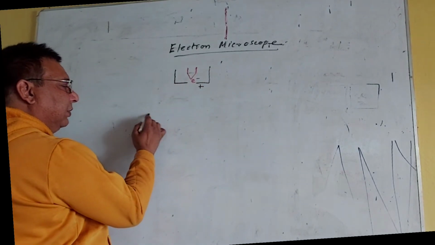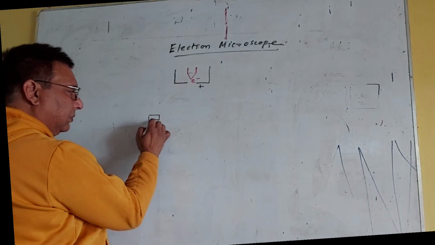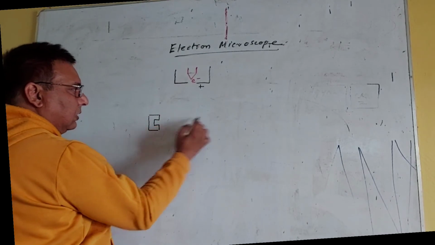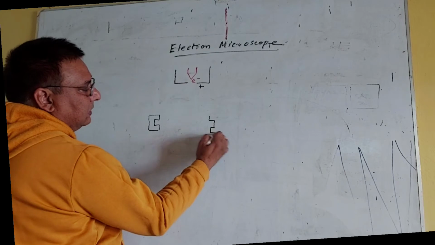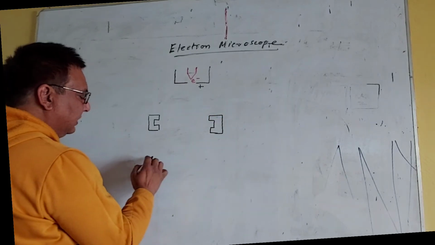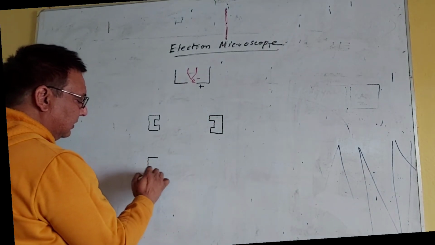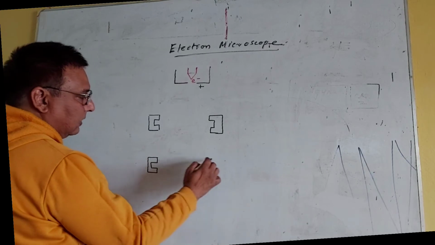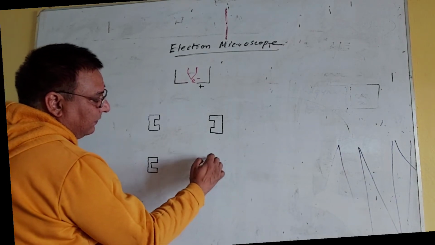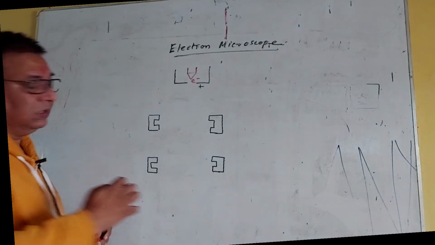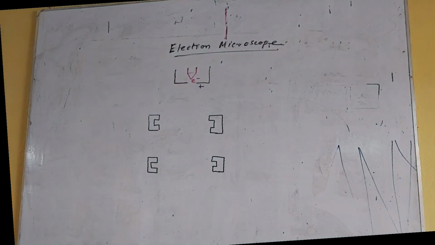Okay, then you have some lenses over here, three lenses. The lenses are not made of glass. They are not the lenses that are present in a light microscope.